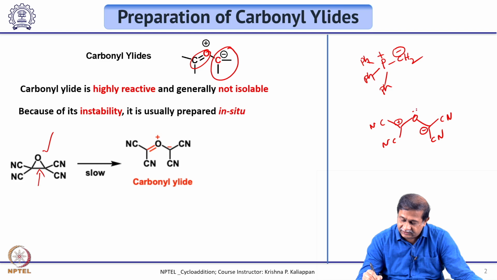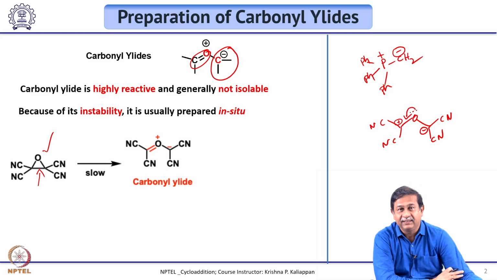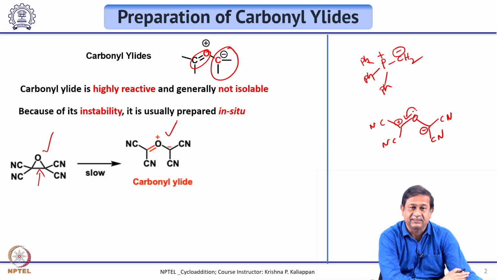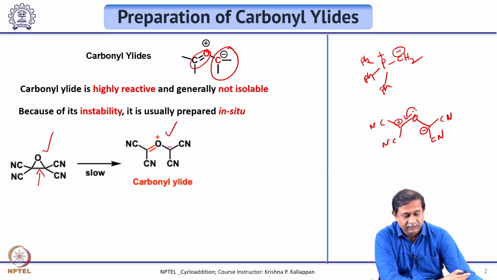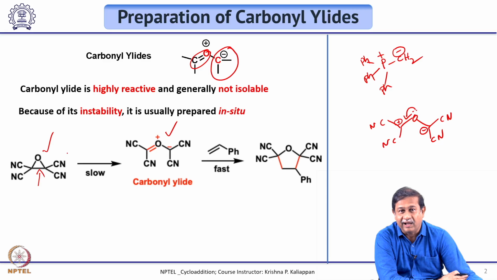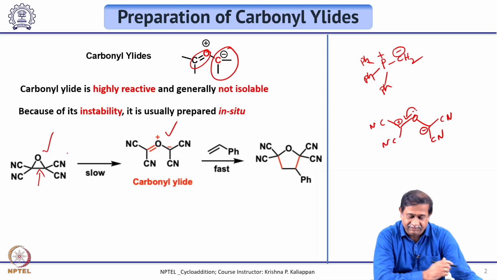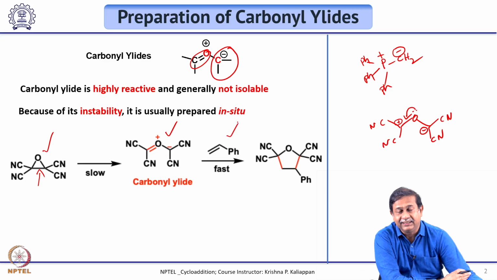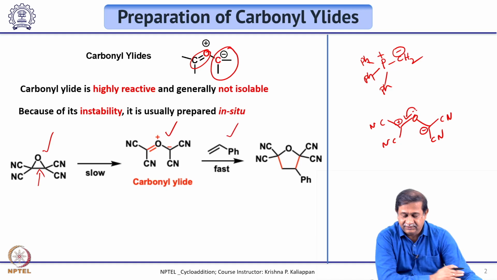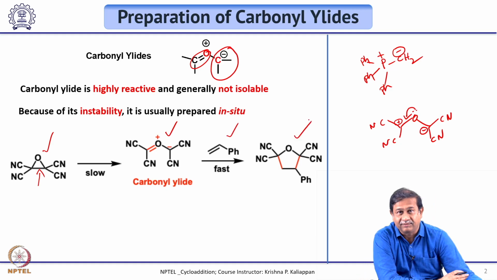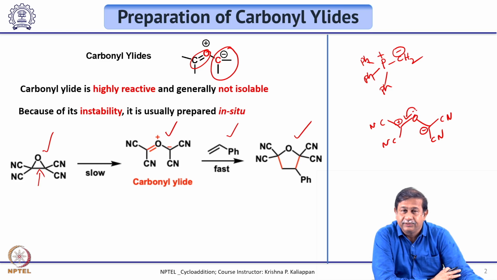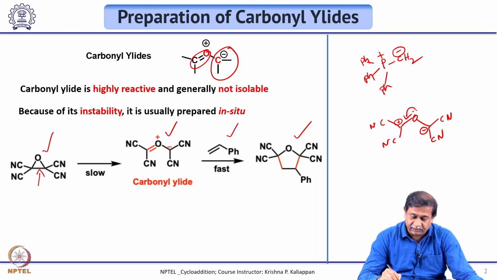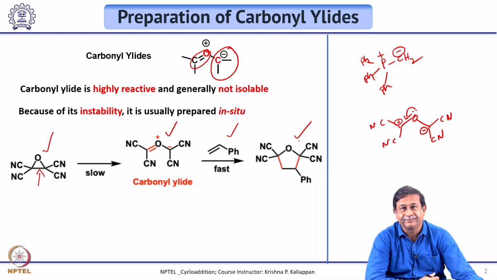But this positive charge is neutralized by the lone pair on the oxygen, and thus it leads to the formation of carbonyl ylide. So this can be generated in situ. You can take this epoxide, slowly heat it and also add an alkene. For example, in the presence of styrene, immediately after forming the carbonyl ylide, it can undergo 1,3-dipolar cycloaddition to form this tetrahydropyran ring.